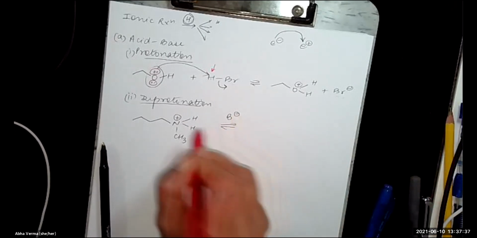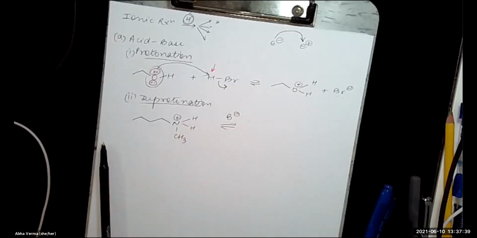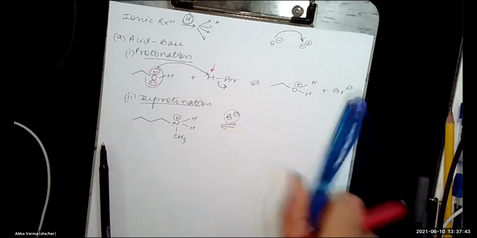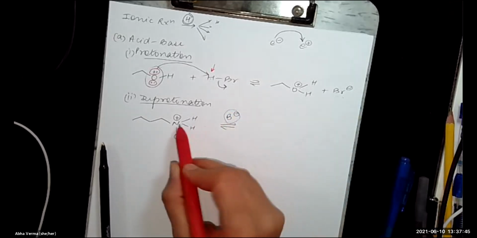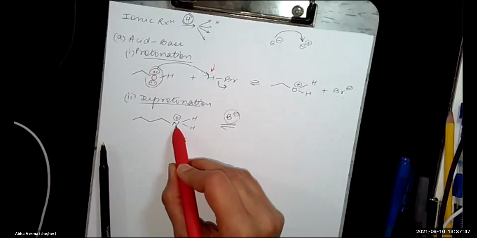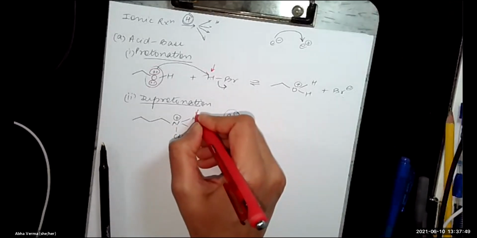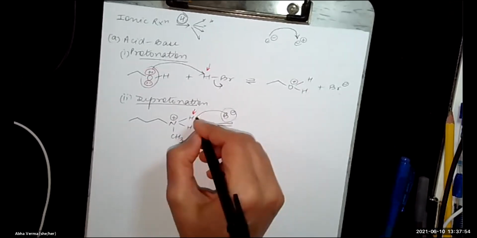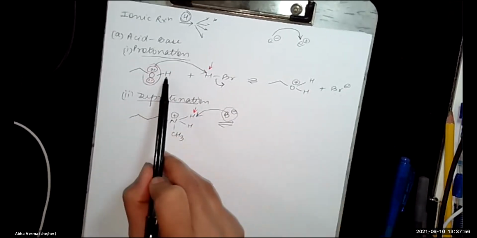This base will abstract an acidic hydrogen. This is my basic site. One of these hydrogens connected to an electronegative atom will become my acidic site. So I'm doing a deprotonation.